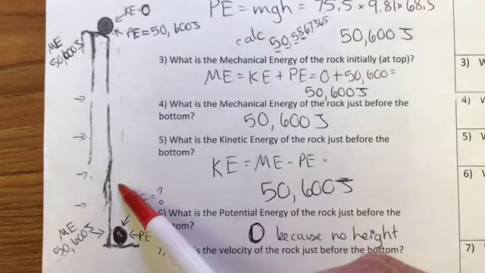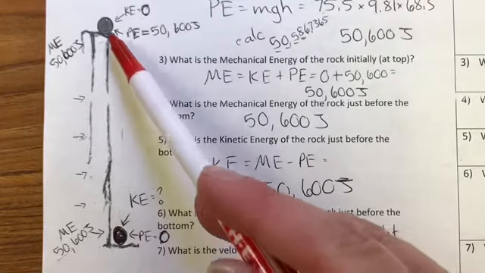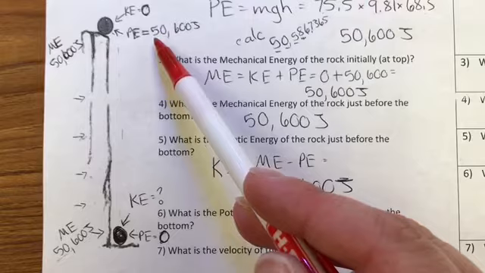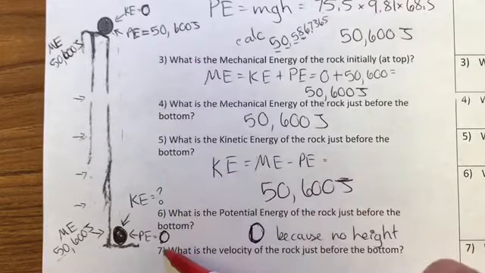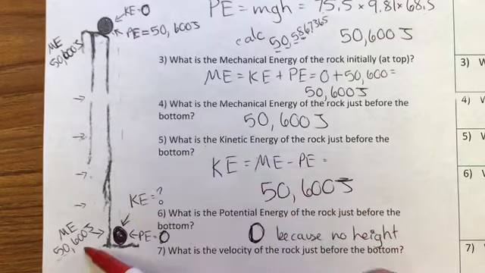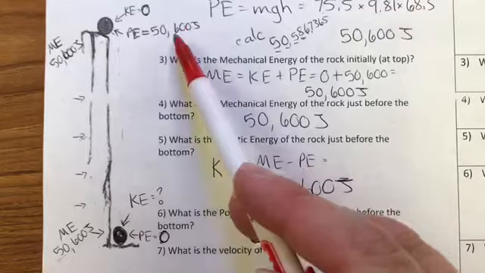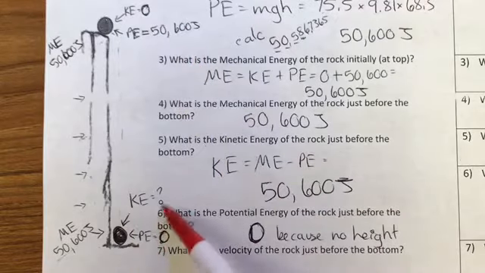It goes faster and faster and faster and faster, but it's lower and lower and lower. The potential energy went from 50,600 to 0. But the kinetic went from 0 to 50,600. Lots of kinetic energy. All of that potential energy transformed into kinetic energy.